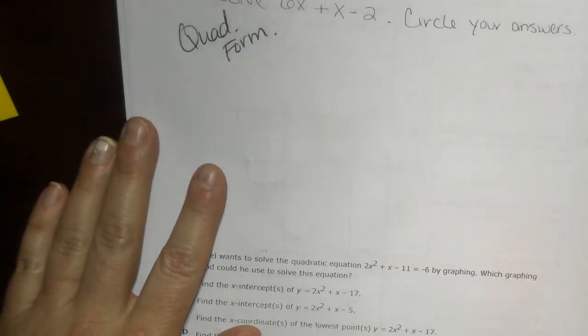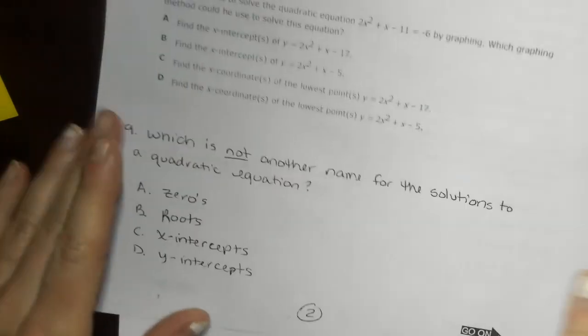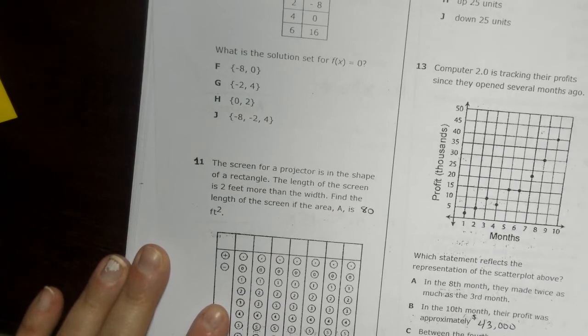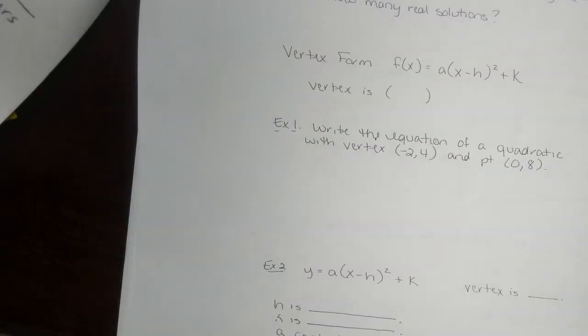Then we did something like this. We did number 9, number 10. Everything looks good here. 13. And then there's 20 questions, just like they were on the review.